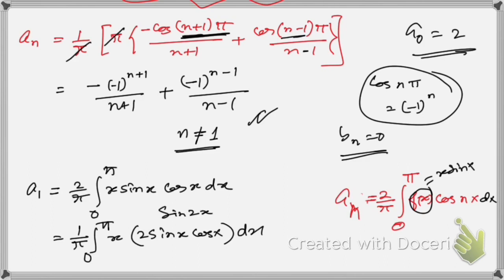So that's why a1 is equal to, let me go to the next slide, just wait, sorry, this is not a2. a1 is equal to 1 by pi, integral 0 to pi of x sin twice x dx. That's what we're going to have. So let's go to the next slide. What we have got is a1 equal to 1 by pi, integral 0 to pi of x sin twice x dx.